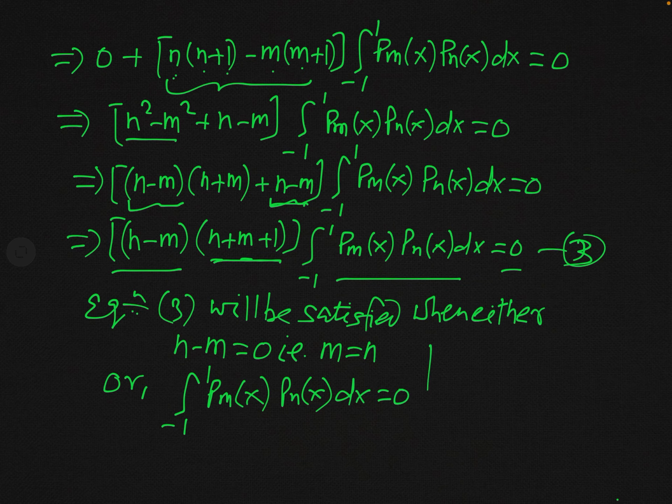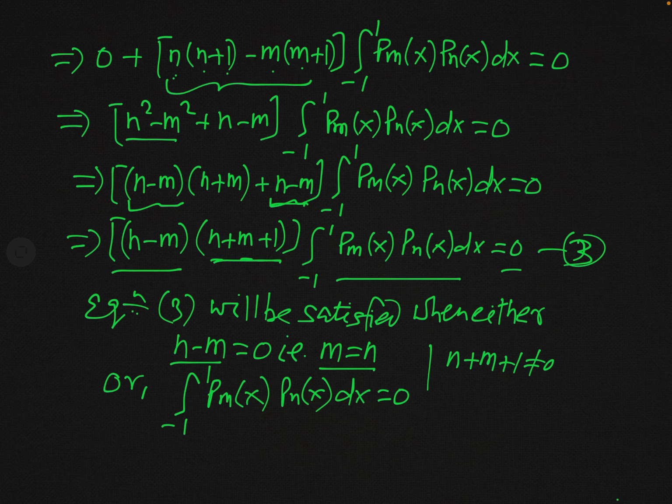In fact, this is because this n plus m plus 1 is not equal to 0. So this equation will be satisfied either when this n minus m is 0, or you can say m is equal to n, or this integral vanishes.